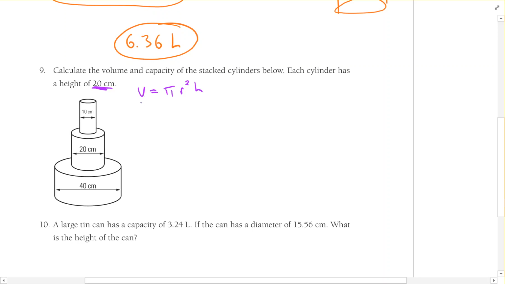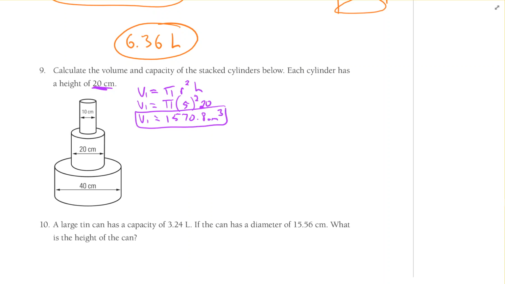For the first one, V1 equals pi times, well, not 10, but 5, because I want just the radius. So 5 squared times 20. Sorry, instead of h I should have written 20 in there. Then V1 is equal to 1,570.8 centimeters cubed. I'm going to put a box around that so I can leave it for later.